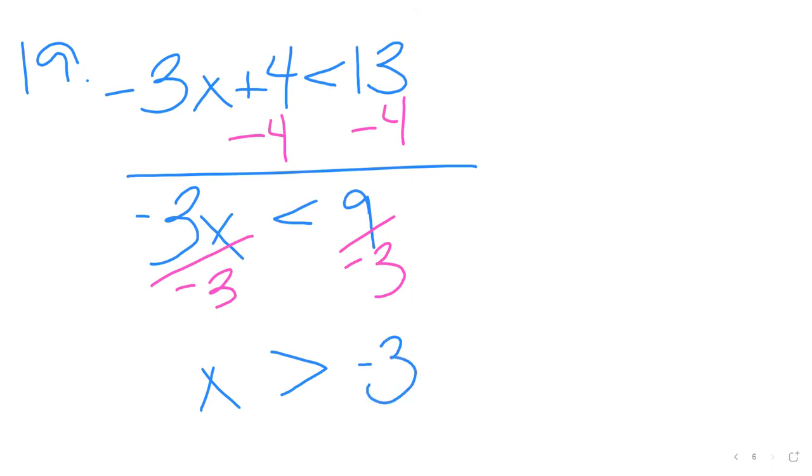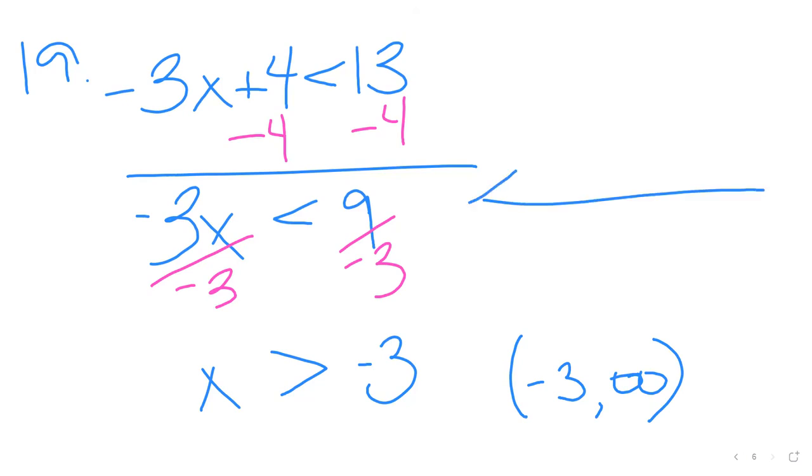In interval notation, since we're greater than negative 3, that would be our leftmost point, and then we would go up to infinity. Parens on both, because we always use a paren on the infinity, and since it's not allowed to be equal to negative 3, we use a paren on that side as well. On the number line, find your negative 3.